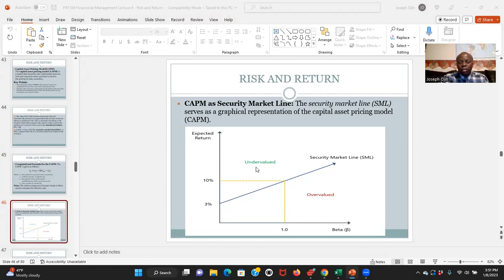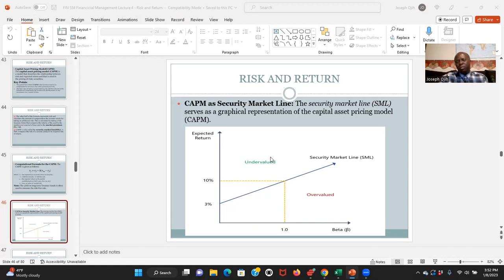Any stock that has a return greater than this line is considered undervalued, and one whose return is below this line is considered overvalued.